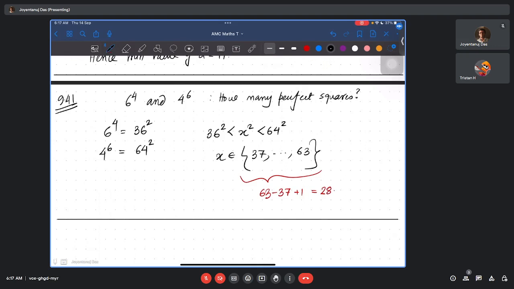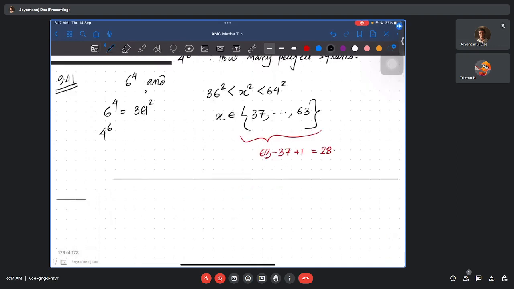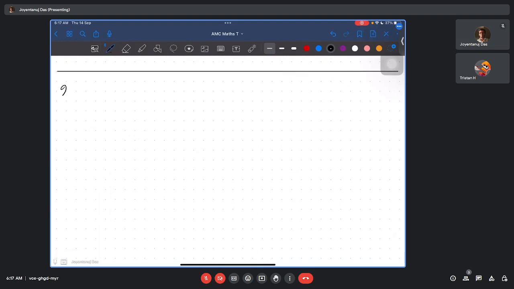So next one is 9.41, 9.42. Suppose this inequality holds: 4 divided by 2001 is less than a divided by a plus b, which is less than 5 divided by 2001.